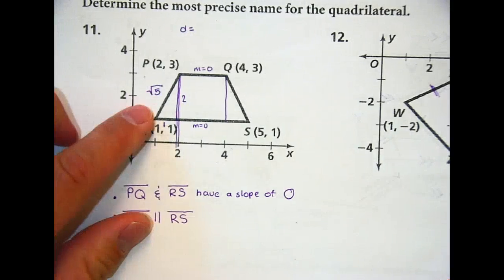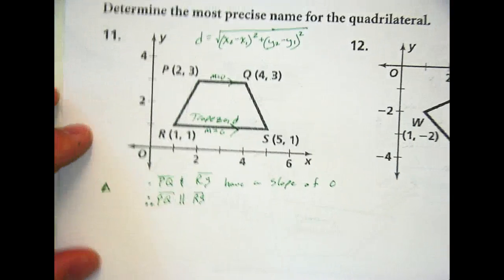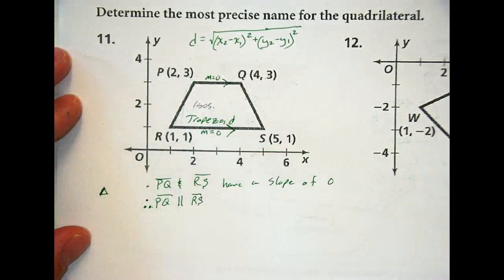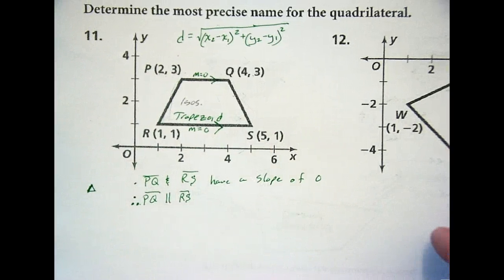So what type of shape is this? Yeah, this is isosceles trapezoid. Now, some of us knew that right away by looking at it, but we've got to be able to show it. Any questions there?